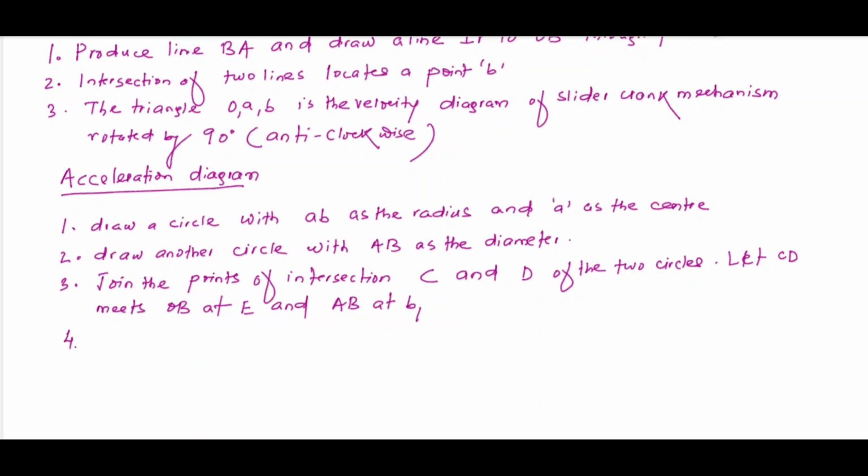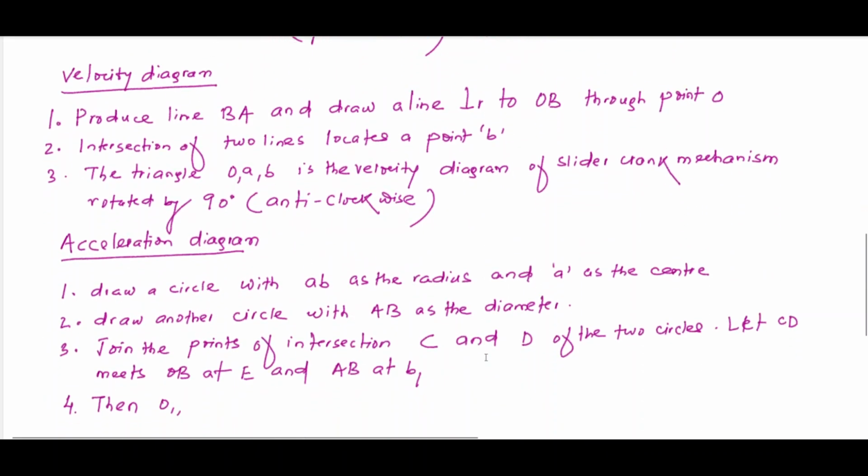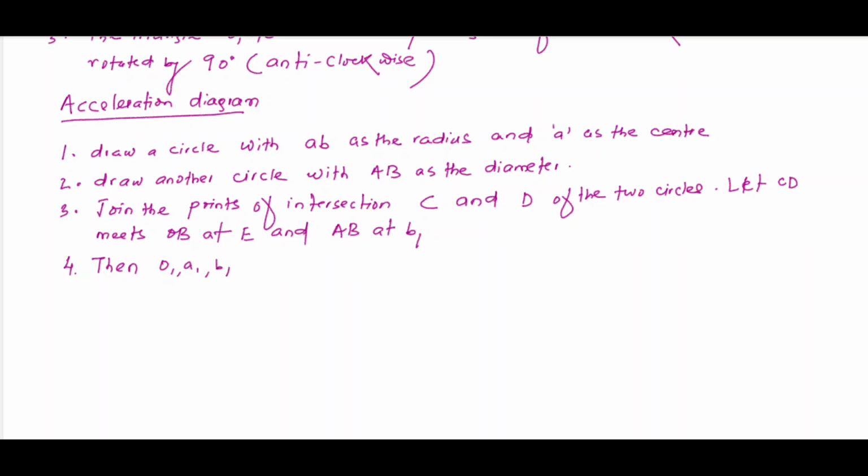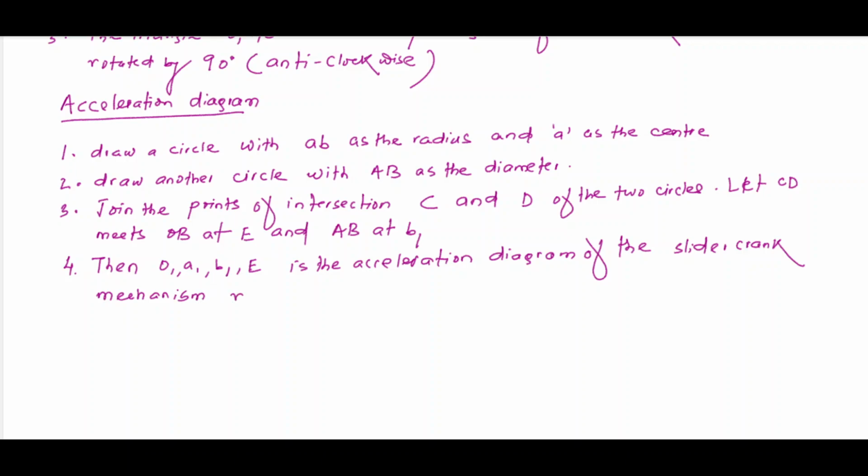Then we can say that O1, A1, B1, E is the acceleration diagram of the slider crank mechanism rotated by an angle of 180 degrees.